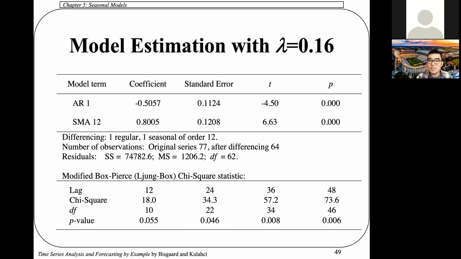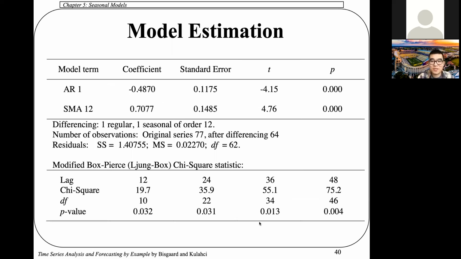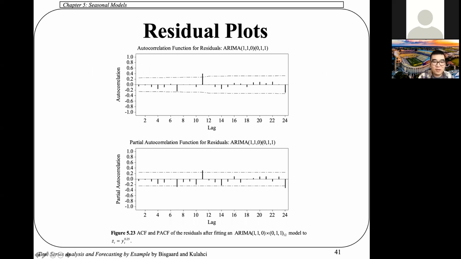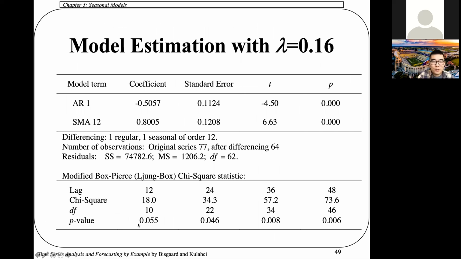This is not perfect, but it is much better than what we got earlier. That was what we got with lambda equal to 0.25, where all the p-values were smaller than 0.05. Right now, at least two of the p-values are at least equal to 0.05, which is better.